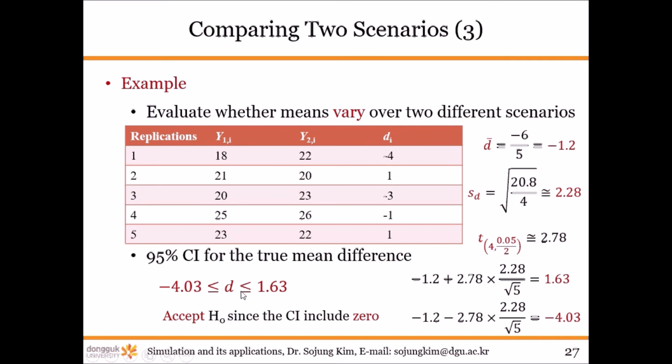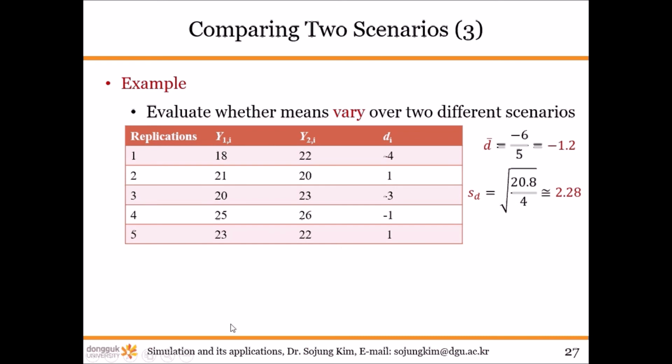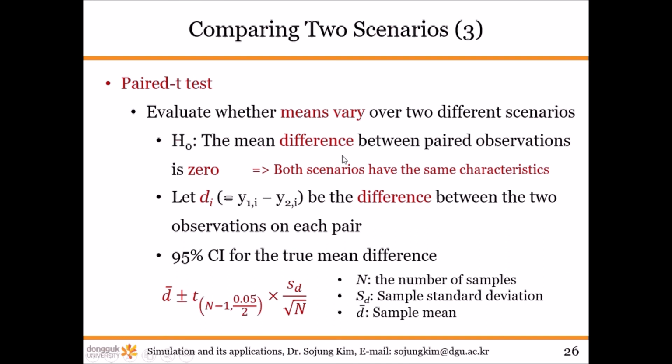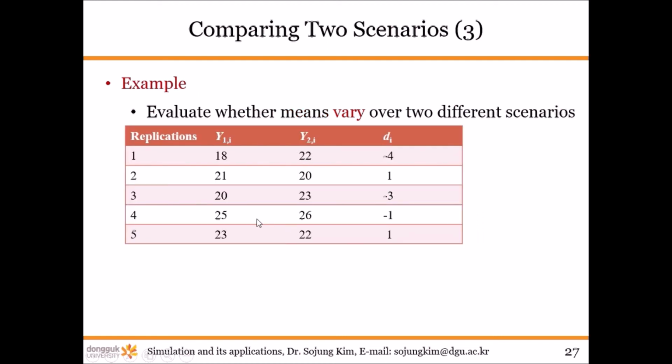In other words, it is possible to have no difference between these two scenarios, right? So that's why, if the 0 value is within this interval, we need to accept H0. H0 was what? The mean difference between paired observations is 0, where both scenarios have the same characteristics in terms of these outputs.